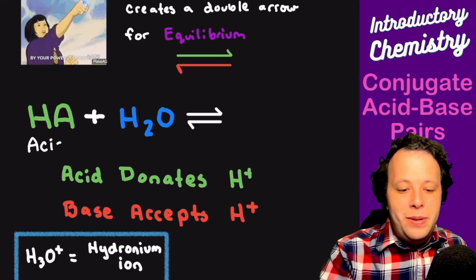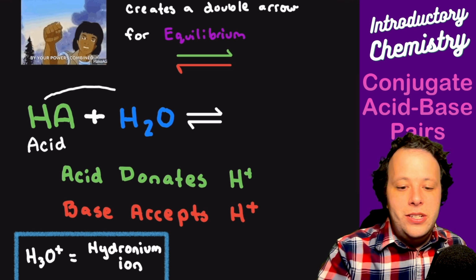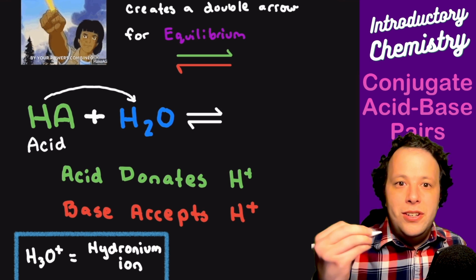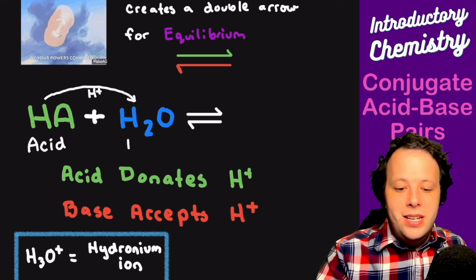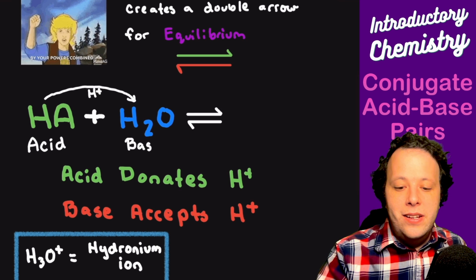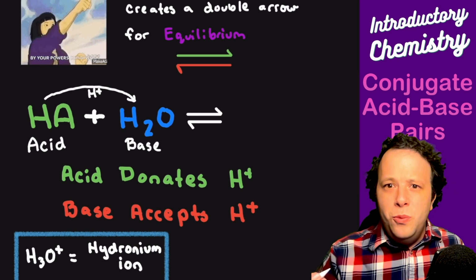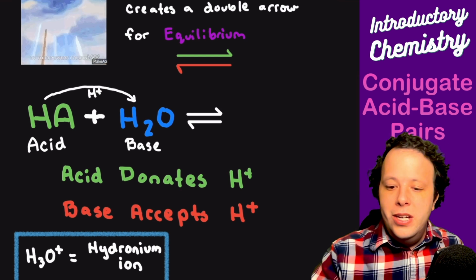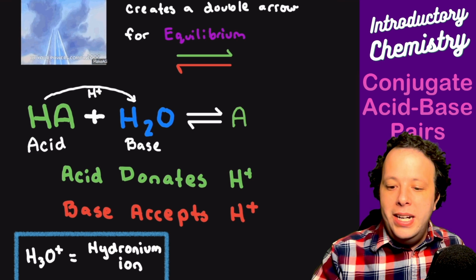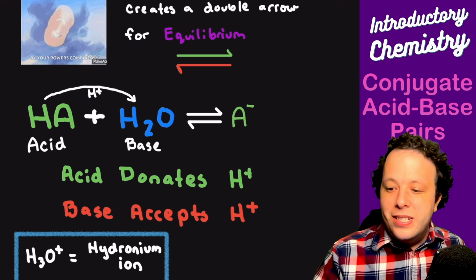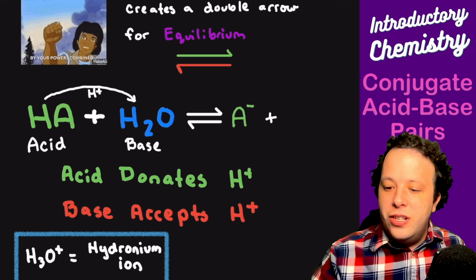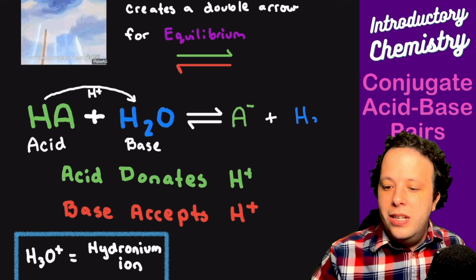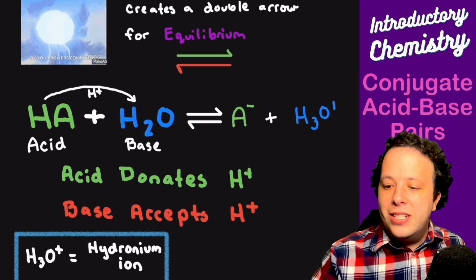So what's going to happen is this HA is going to donate its proton to the water molecule here, which means that this is considered the base. So when we have our final products, we are going to have A minus as one answer because HA lost its proton, and then we're going to have H3O plus as the other answer.